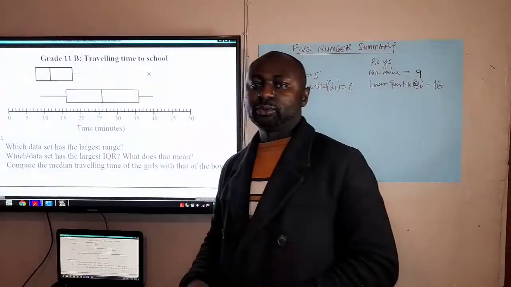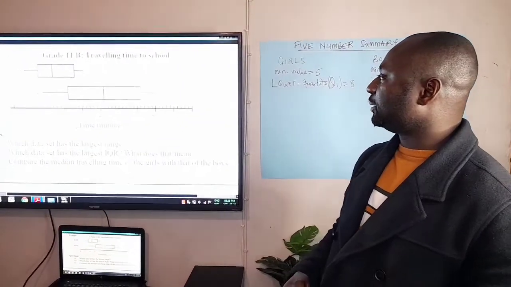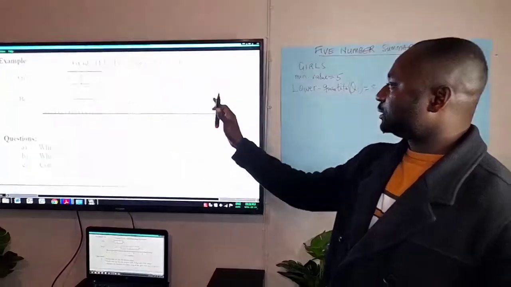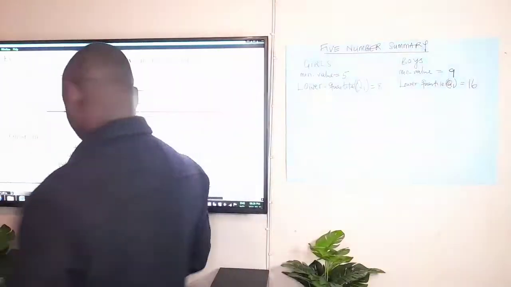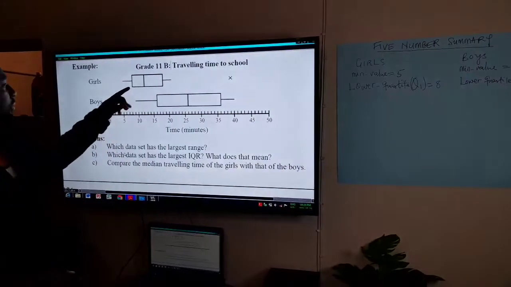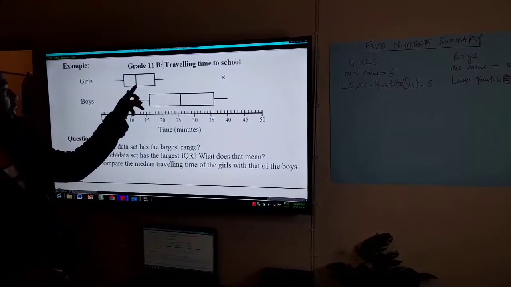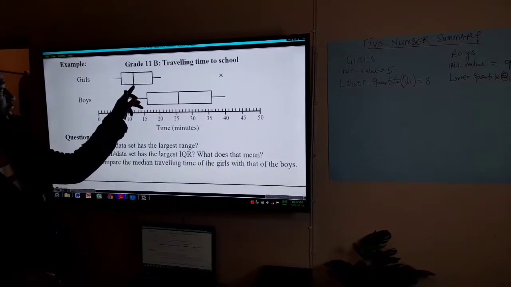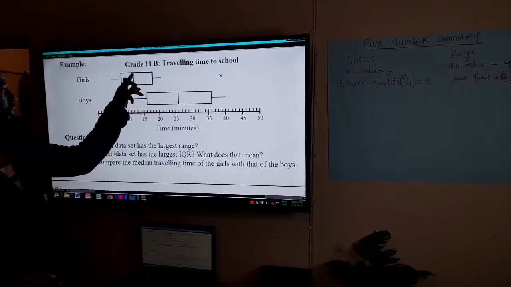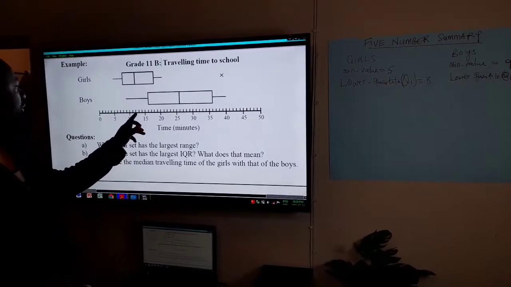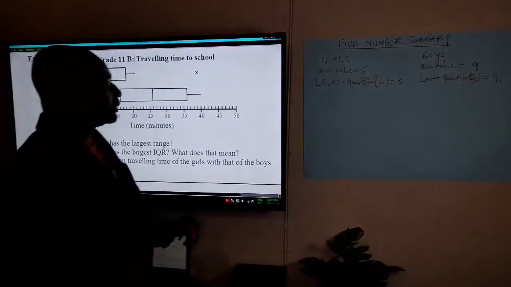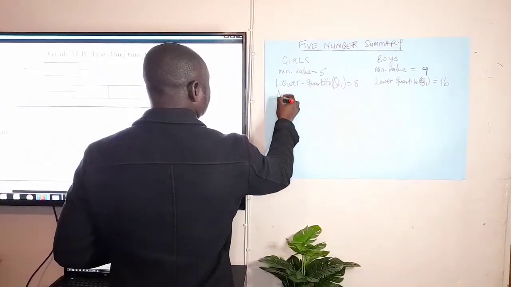And then now we will be focusing on the median for the two data that has been plotted on the number line. When we talk about the median for the girls, here is the line that divides the box, where we see the median. So you trace it down here and it will give you 12. The median value for the girls is 12. So here we say median.